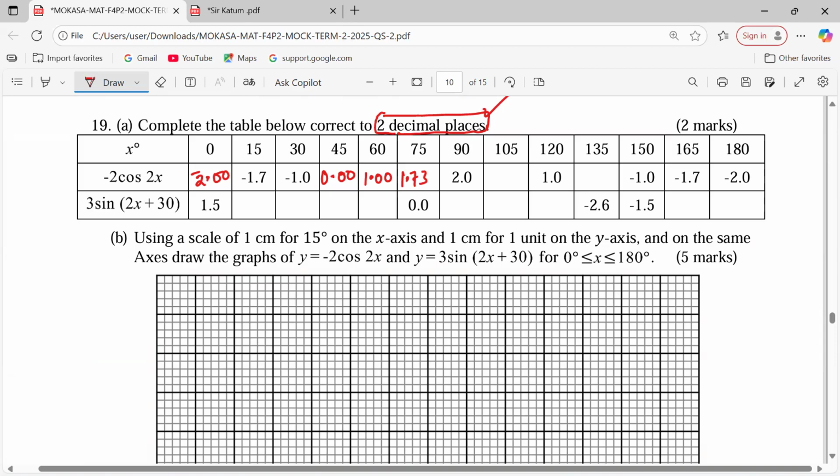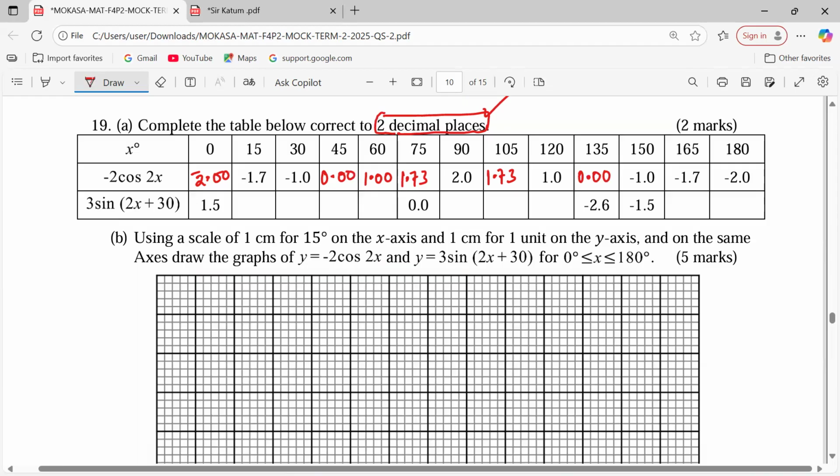So -2 cosine of 2 times 105, giving us 1.73. We proceed to 135. At 135, you'll be having -2 cosine of 2 by 135. This will give us 0, so we will have it as 0.00. Yeah, that is done.